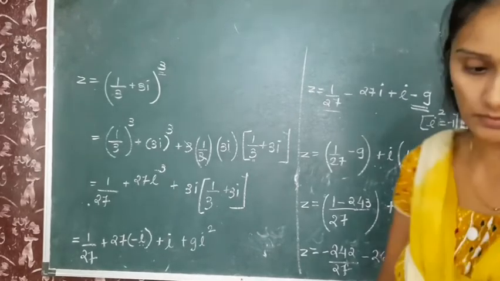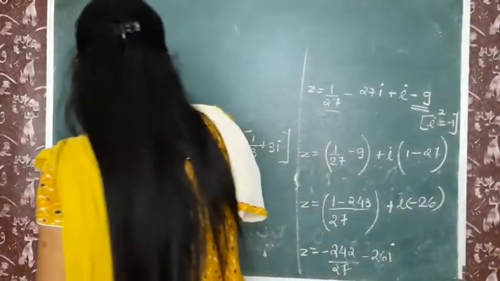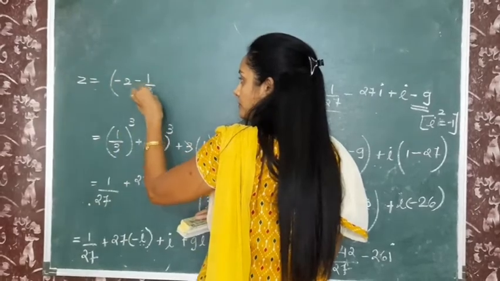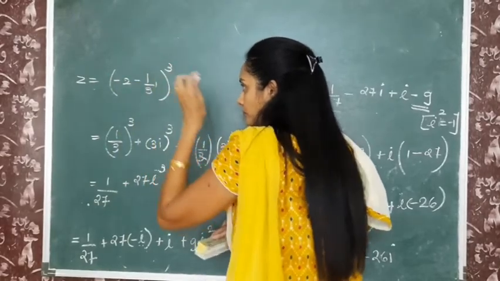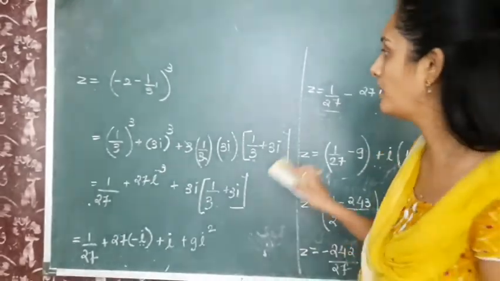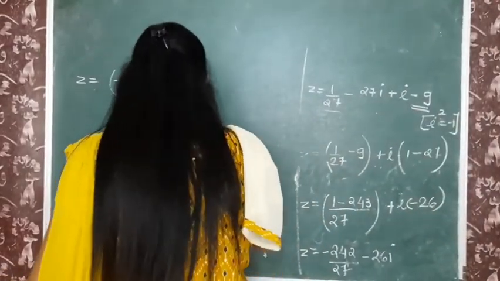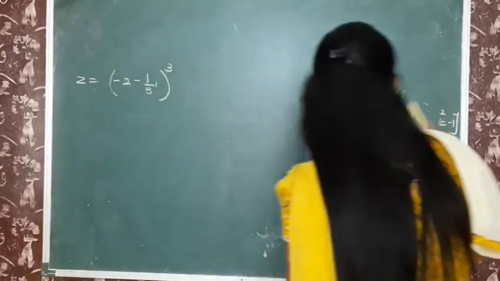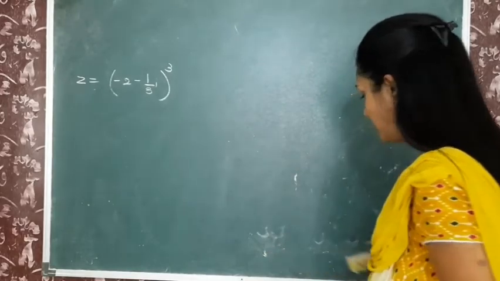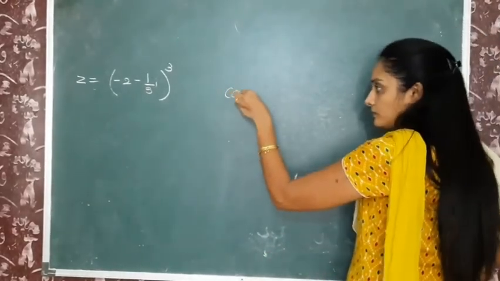Now next sum: minus 2 minus 1 by 3i, whole cube. For this sum we can also use this formula.